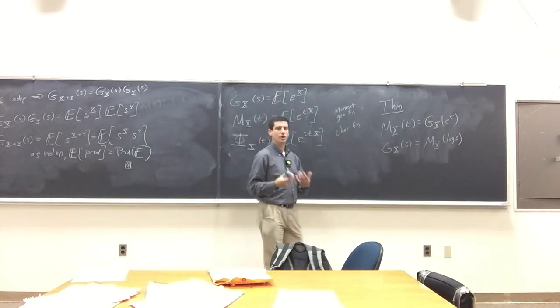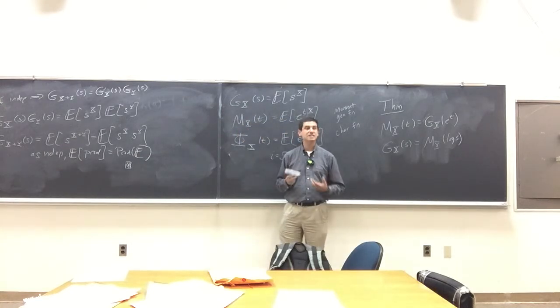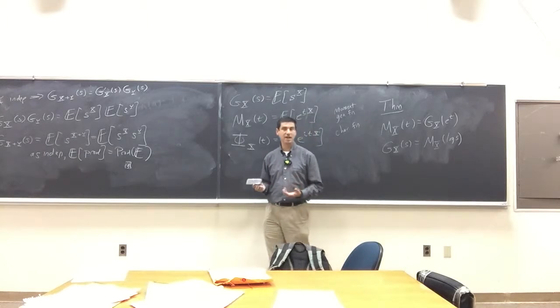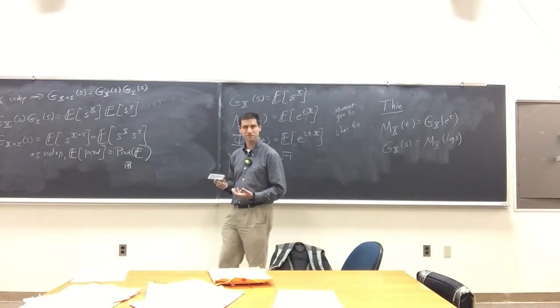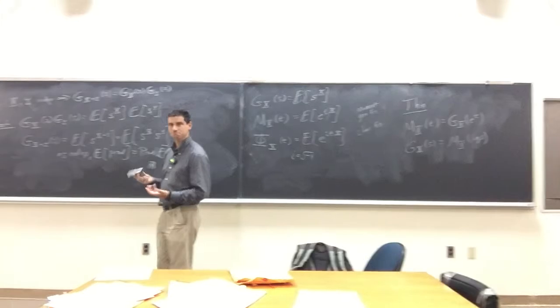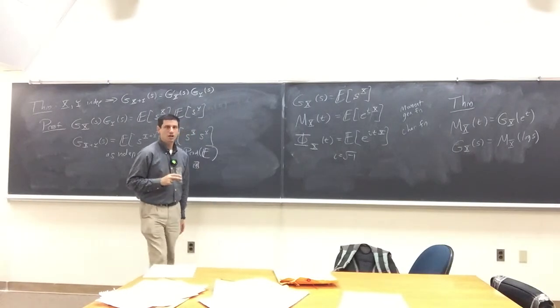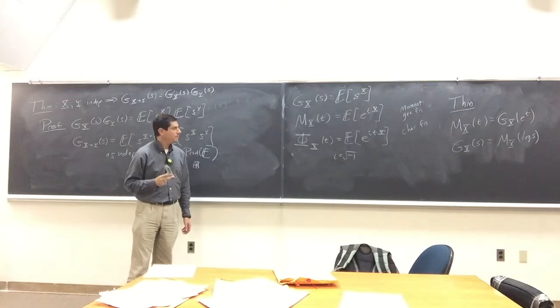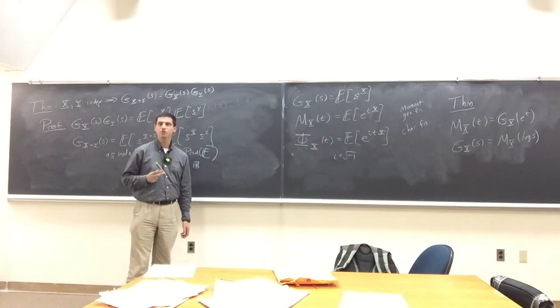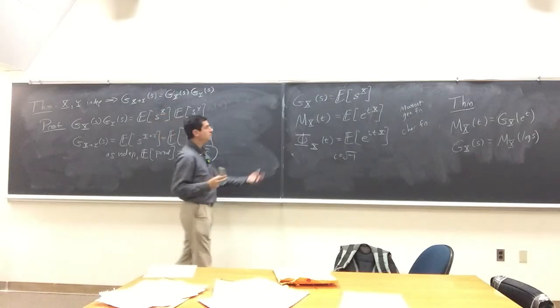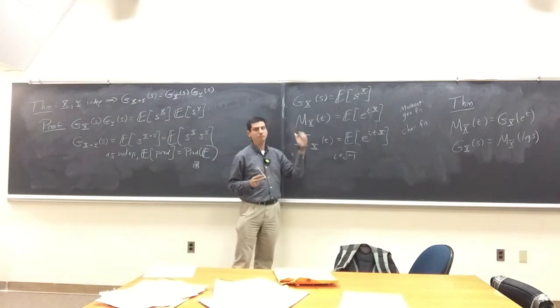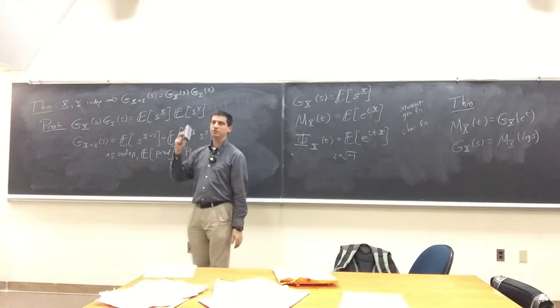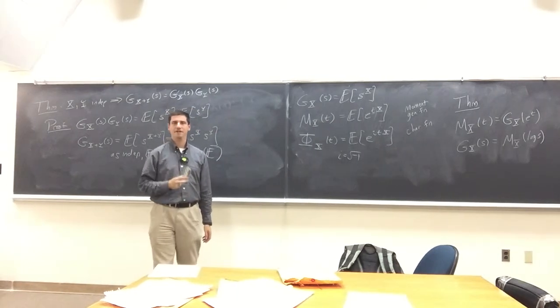If you're going to study an object, the nicest property for it to have is for it to exist. If I give you a generating function or a moment generating function, it would be really bad if it didn't exist for any values of input. Can somebody give me a value where no matter what random variable I give you, the moment generating function has to exist at that value?